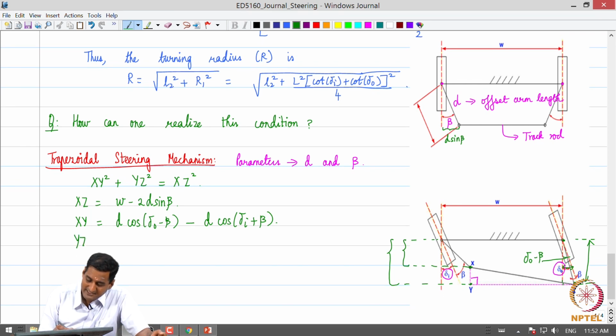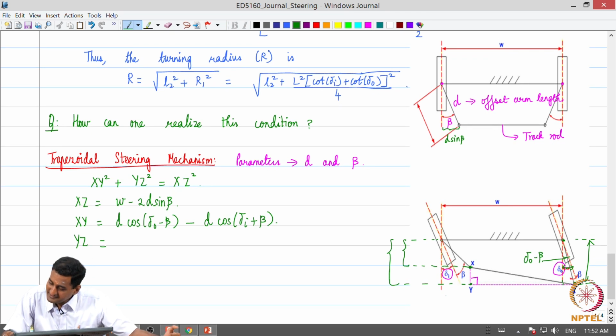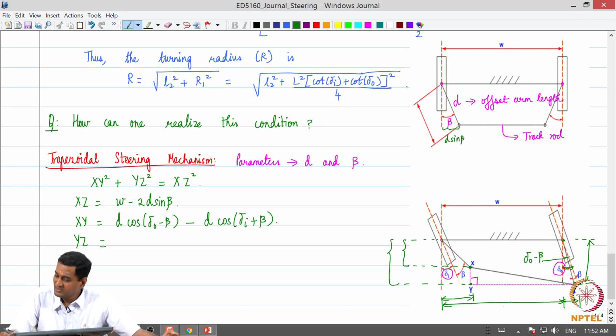Now what about YZ? I can rewrite YZ in 3 components. First is this component, plus this component, minus this component. What is the first component? This is w.